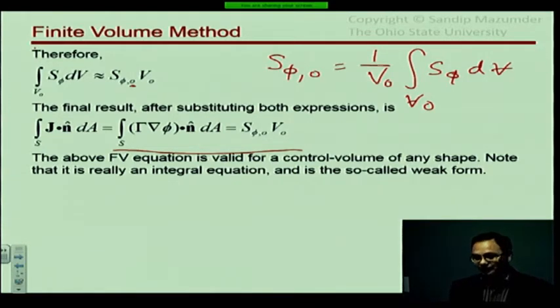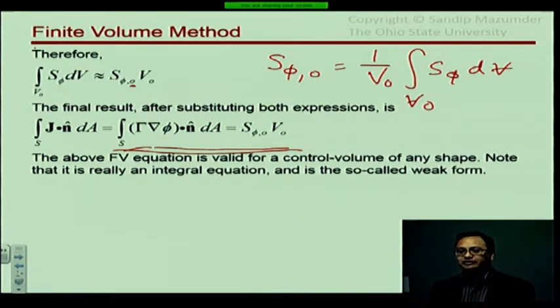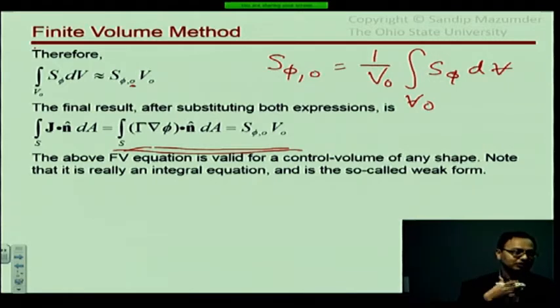It's valid for an arbitrary control volume. There's no restriction there. So when we start, for example, with unstructured finite volume formulations, this is where we'll always start. It does not rely on the fact that your mesh has to be orthogonal Cartesian.